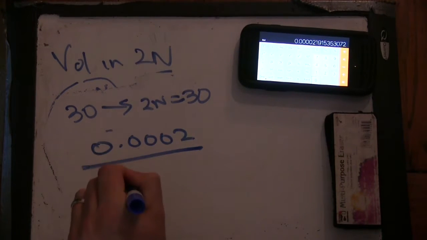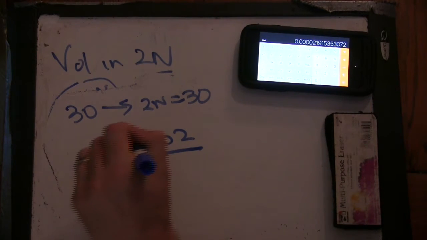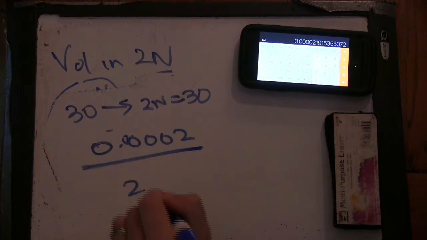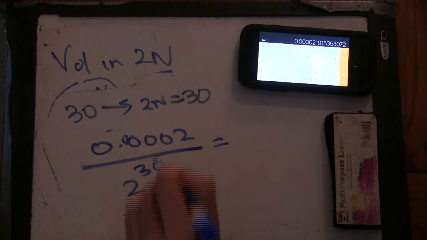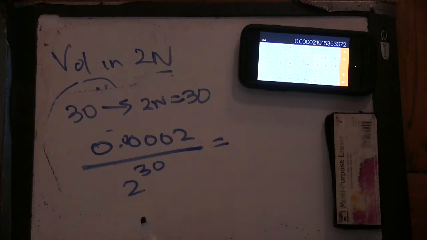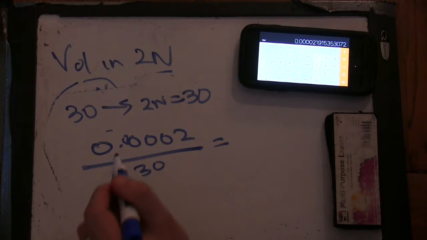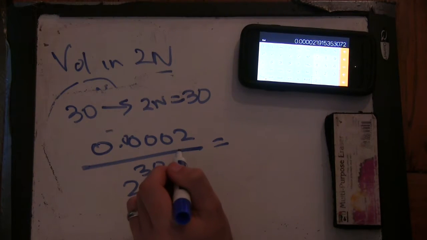Now, 2 to the 10th is what? It's 1,024, so about 1,000. And then it's that cubed. 1,000 times 1,000 is a million, so you're going to have a billion. So this is going to look a lot like this divided by a billion.